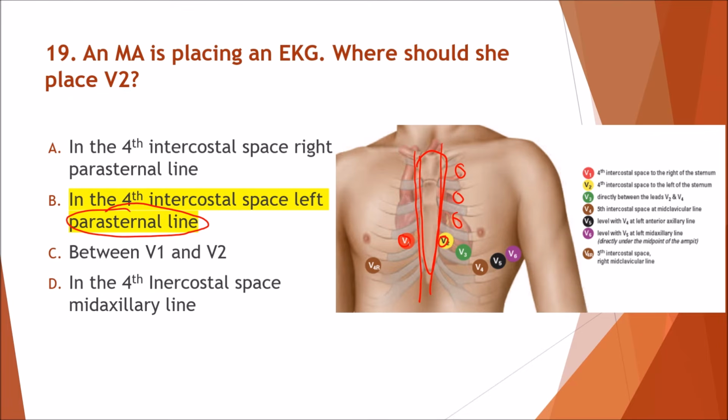The difference is V1 goes on the right and V2 goes on the left. So V2 goes in the fourth intercostal space, left parasternal line. V1, on the other hand, goes on the right parasternal line. Between V1 and V2, well, there is nothing. And in the fourth intercostal space, mid-axillary line, there is V4.